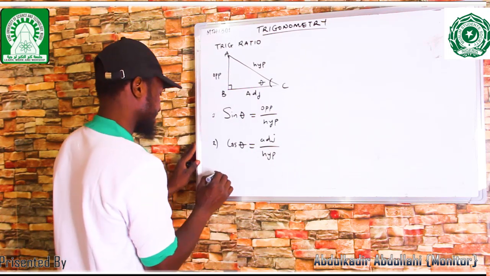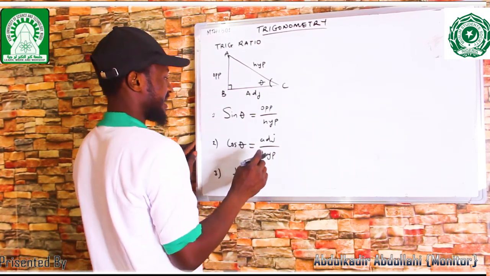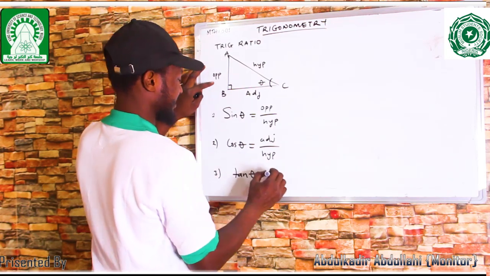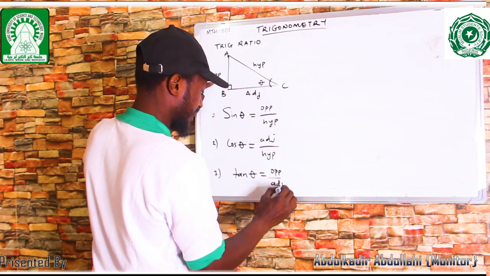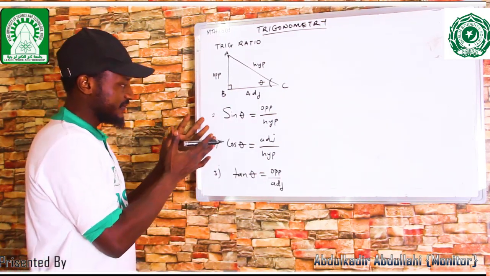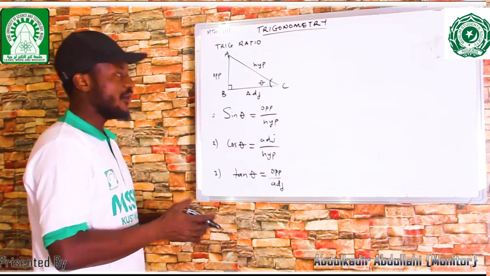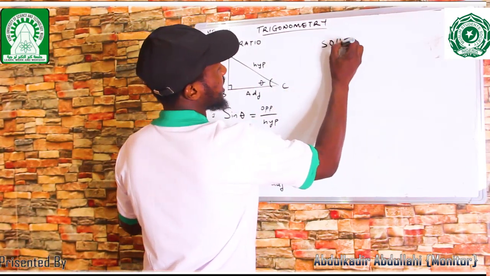And the last one, tan theta, is given as opposite over adjacent. To simply identify this, we make use of something we call SOHCAHTOA.